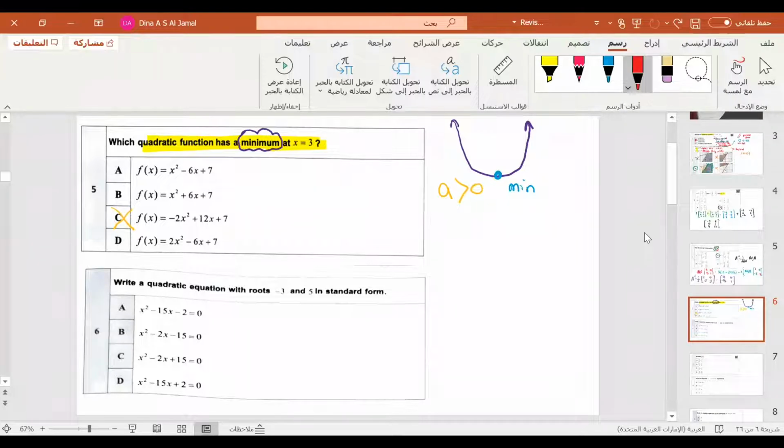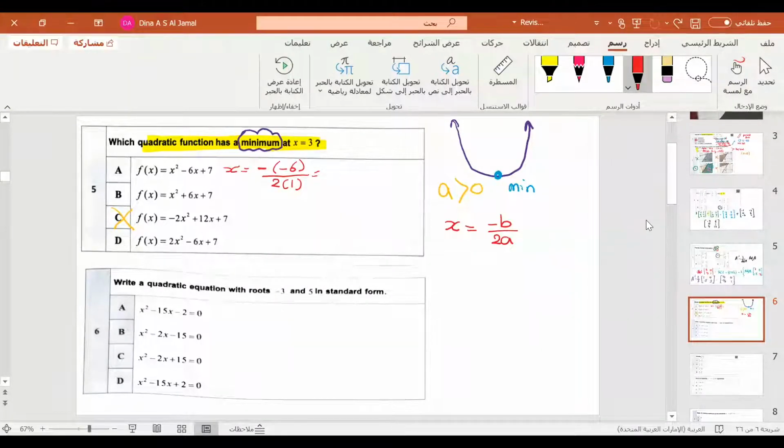The second thing, I would like you to use the axis of symmetry equation, minus b over 2a. So for each of them, A, B, and D, start finding. So for A, x is equal to minus minus 6 over 2 times 1.